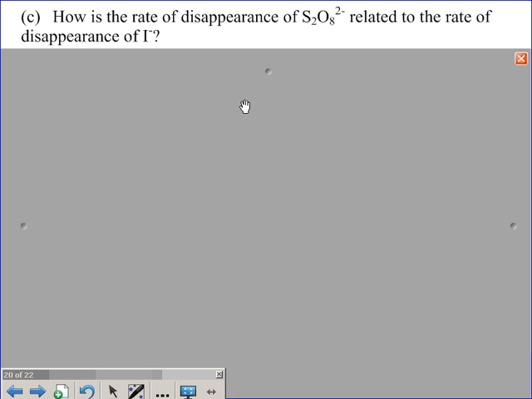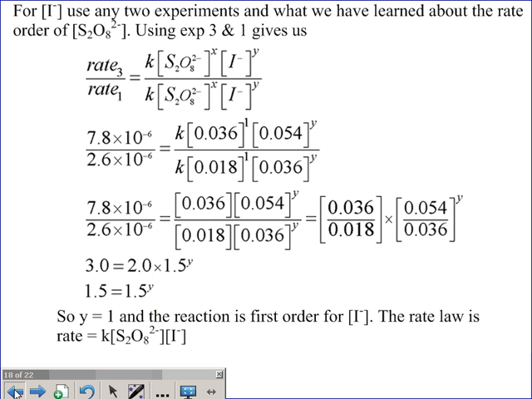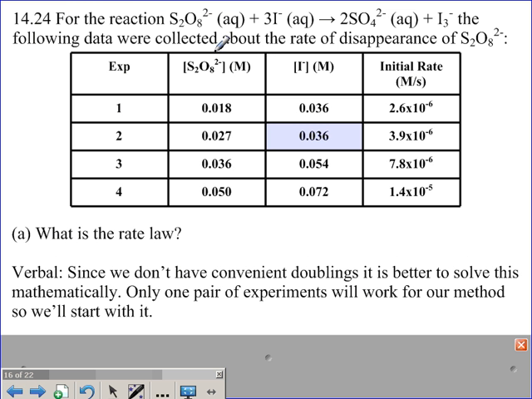Now, how's the rate of disappearance of S2O8 related to the rate of disappearance of I-? It's important that you pay attention because it says, I'll scroll back, it said at the beginning that these data were collected about the rate of disappearance of S2O8 2-.